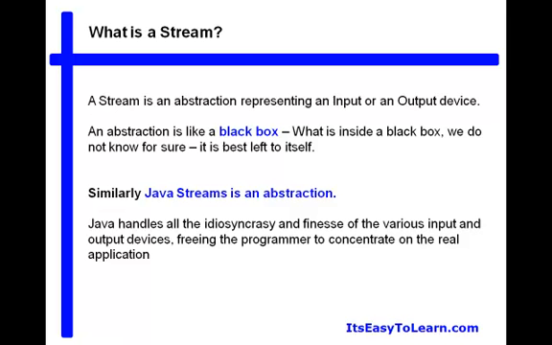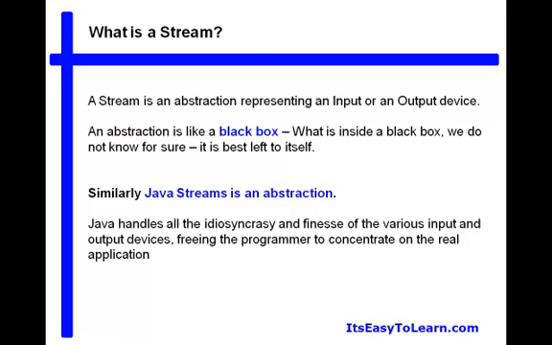In Java, streams are an abstraction. And Java streams handle all the finer details of the various input and output devices, freeing us, the programmer, to concentrate on the real application. And you can think of a stream in the literal sense as flow of data. Thus we have input streams and output streams. So, to summarize, a stream is an abstraction.